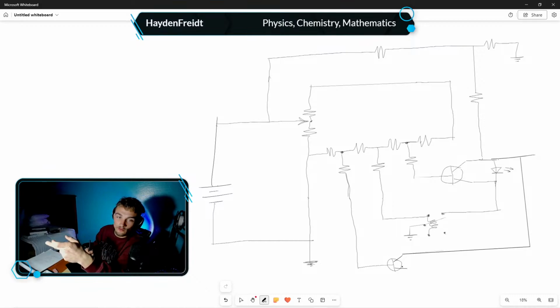So if you didn't want to do the ground symbols like that, then you'd have to do some jumps like this, like I'm going to do now. Watch this. Which I think looks bad. See, it didn't work that time. That straight line.